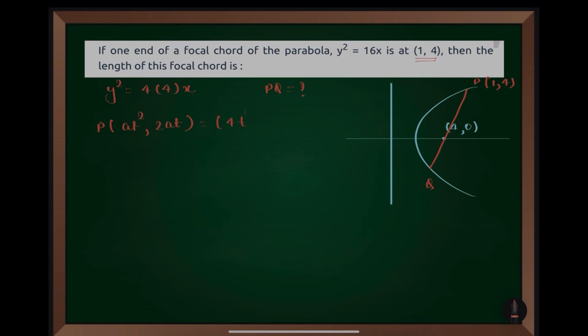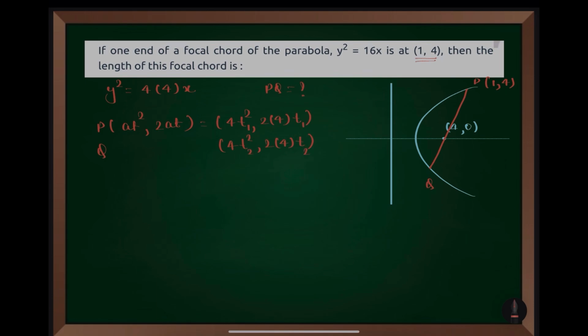So 4 t square, 2 times 4 t. You know that we have to imagine 2 points, so both will look the same. So 4 t square, 2 times 4 t, and the parameters should be t1 and t2, correct?